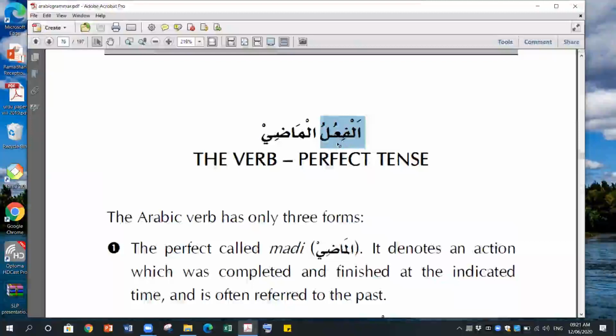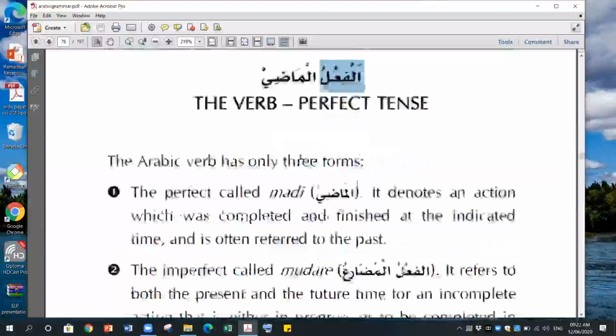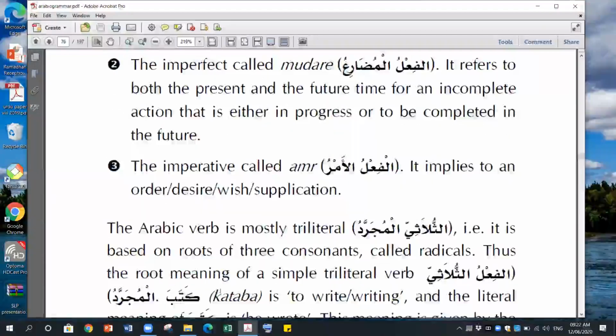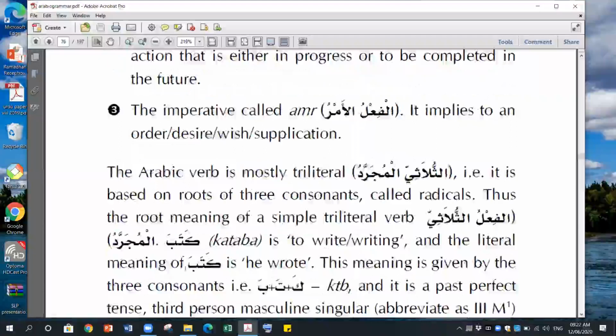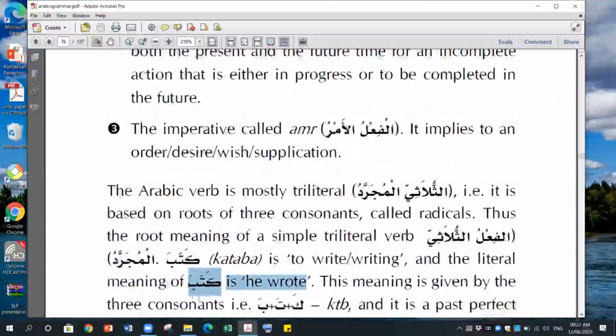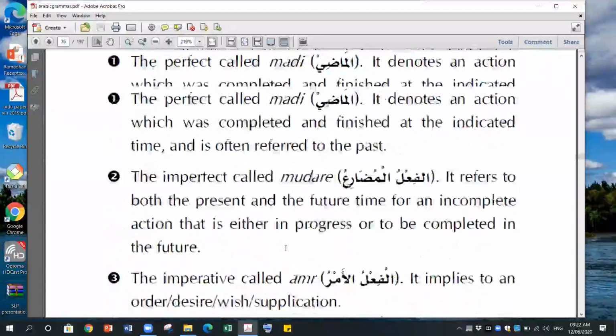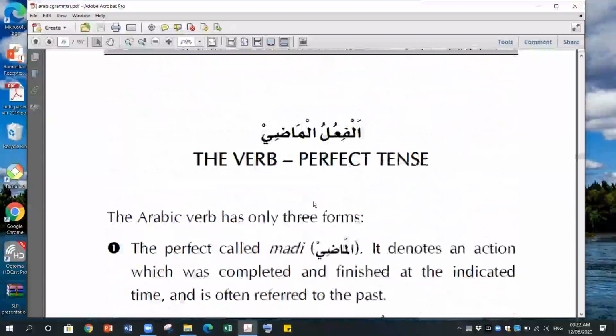We will say fa kalima, because the word will keep changing. For example, we said kataba. It means he wrote. What are the letters here? Ka, ta, and ba. I will ask you, Nashmi, what is fa kalima in kataba?